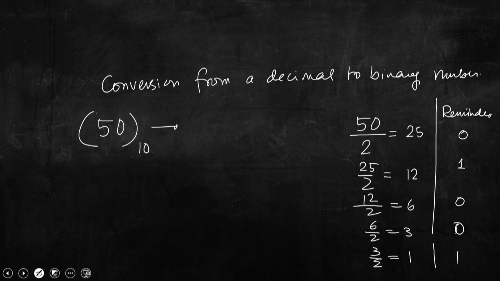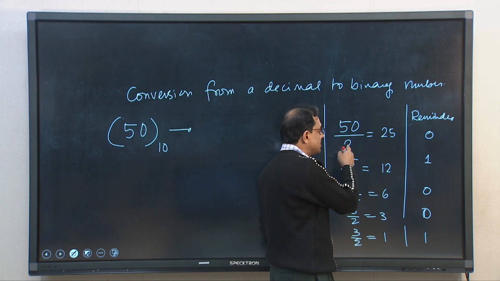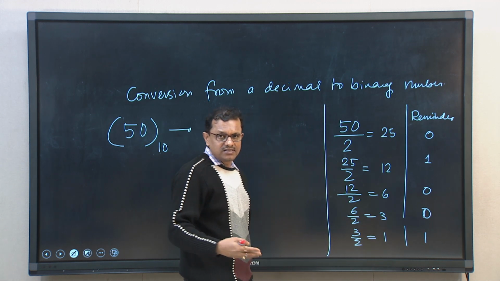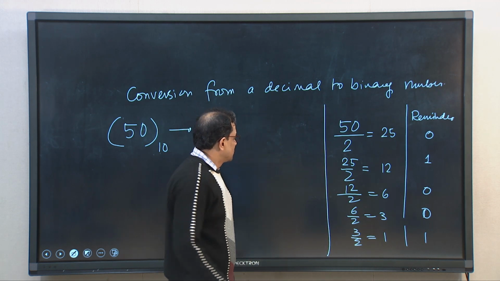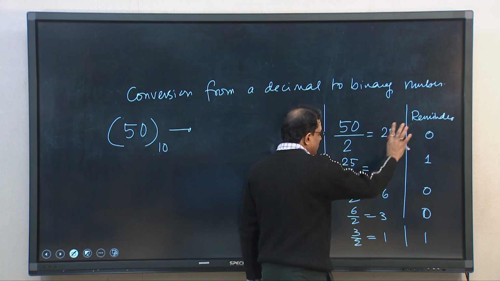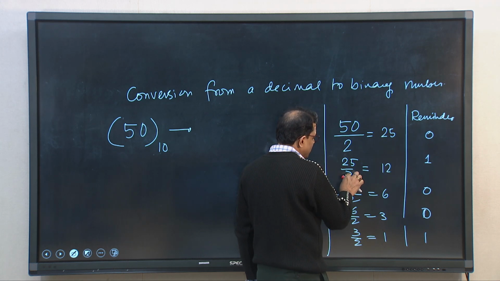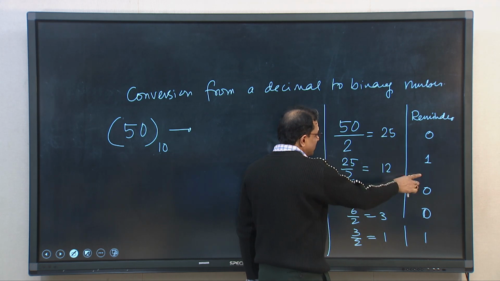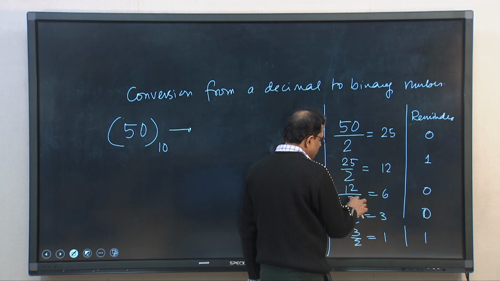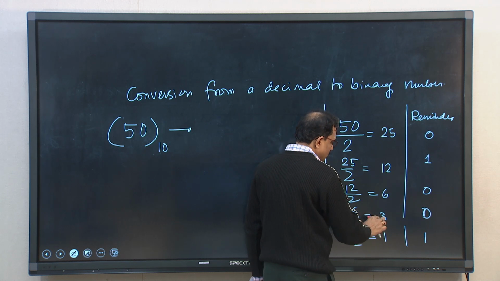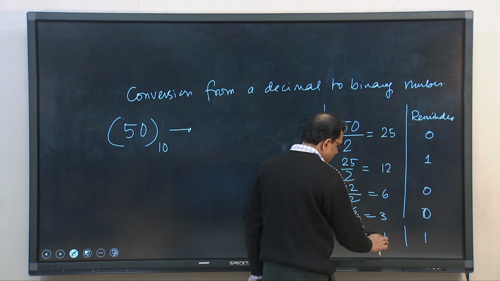So, now the equivalent form of the binary number should be in the base 2 system. A binary number is a base 2 number. So, divide by 2: 25, no remainder; 25 by 2 is 12, remainder 1; 12 by 2 is 6, remainder 0; 6 by 2 remainder is 0; and then 3 by 2 remainder is 1.